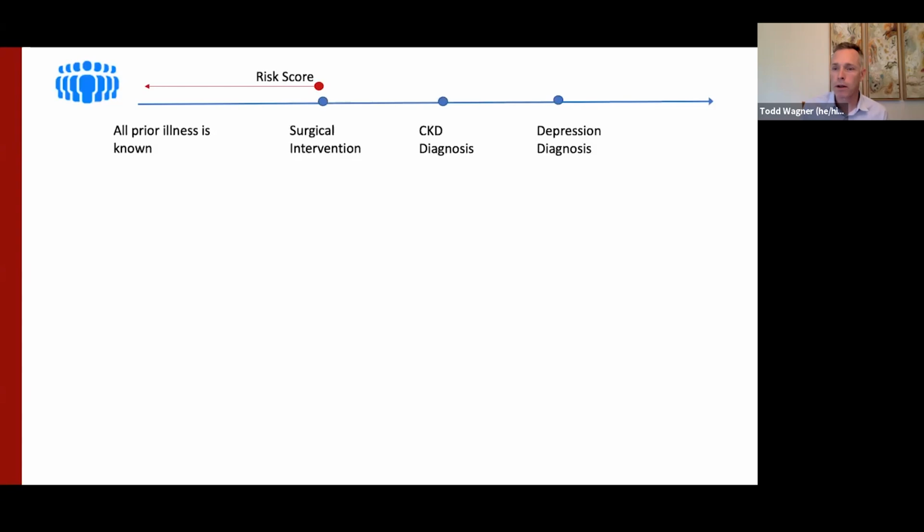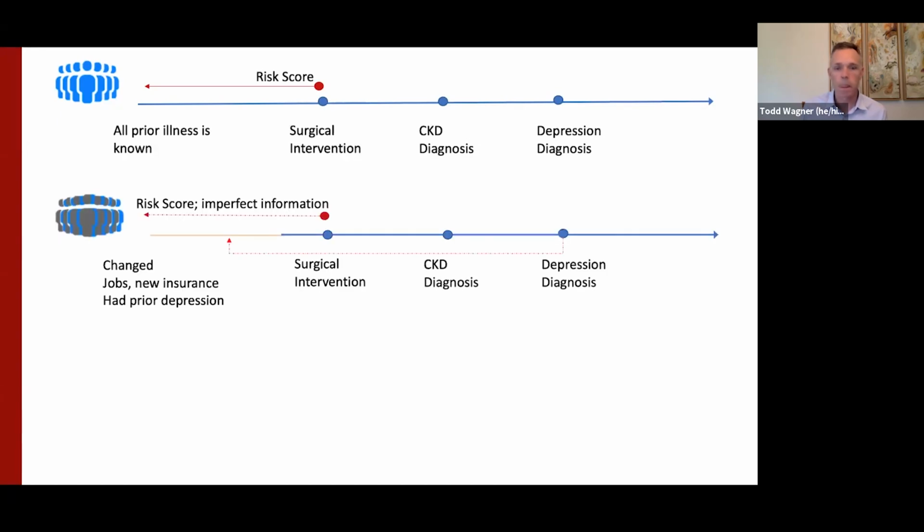I just want to walk through ways that can break down. Here's what I talked about as the purest model methodologically, and you would implicitly know all information about the patients prior to the surgical intervention and the CKD diagnosis and the depression diagnosis. But let's say you have imperfect information.